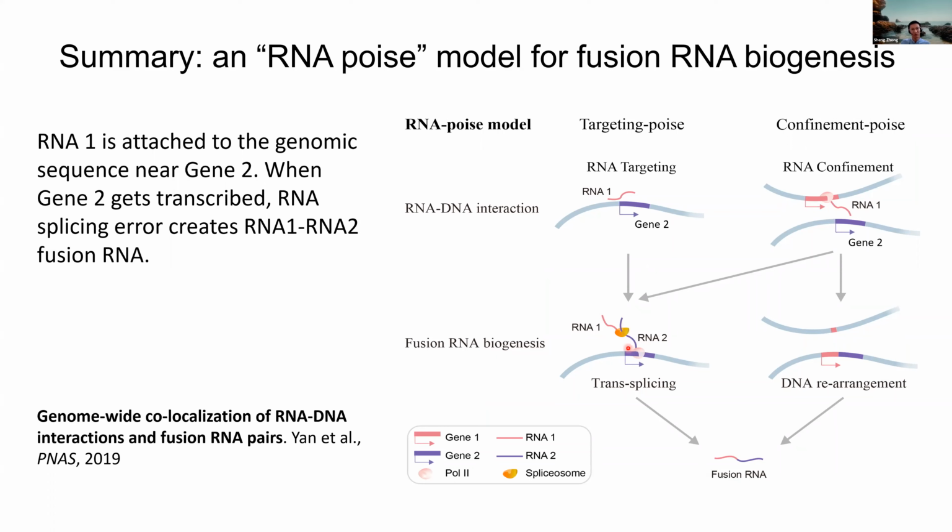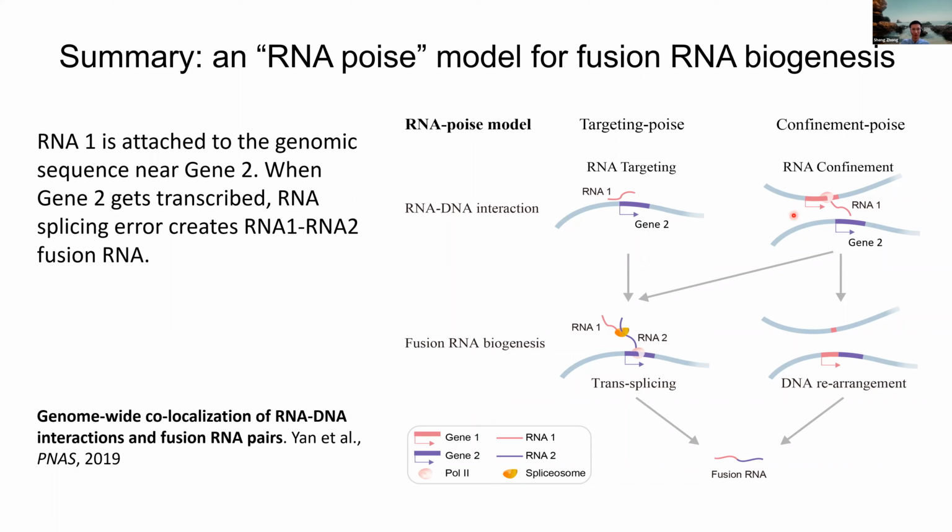However, at this point, because RNA1 is in its spatial neighborhood, it increases the chance of splicing error. And thus, due to splicing error, the two RNA molecules are spliced together to form a fusion RNA. So how can RNA1 in the first place be positioned in the genomic sequence of gene 2? Well, there could be tethering protein, there could be more than one mechanism.